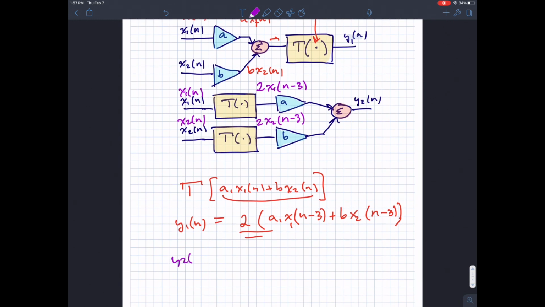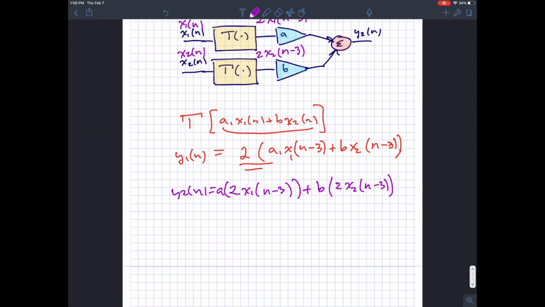So y2 of n is 2 x1 of n minus 3 multiplied by a, plus b times 2 x2 of n minus 3.